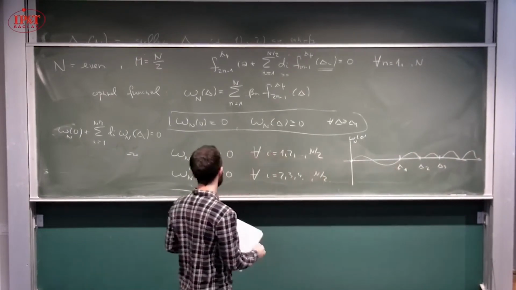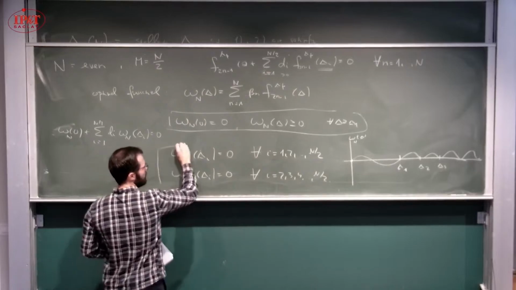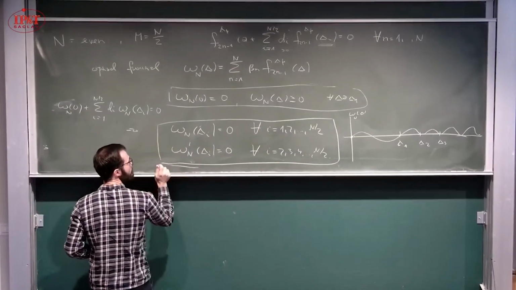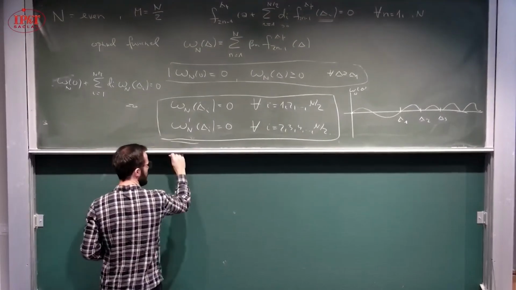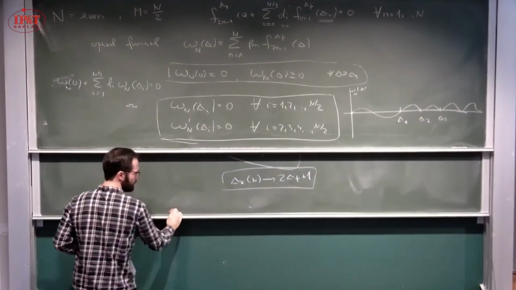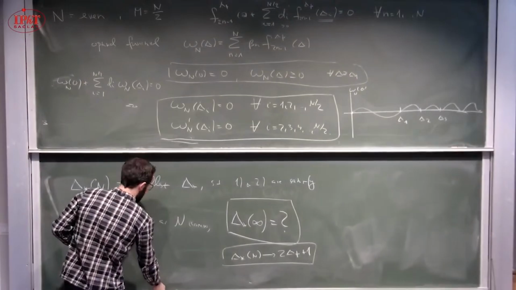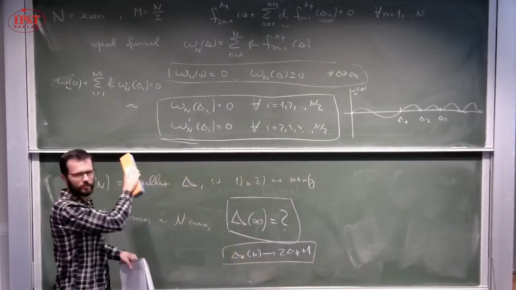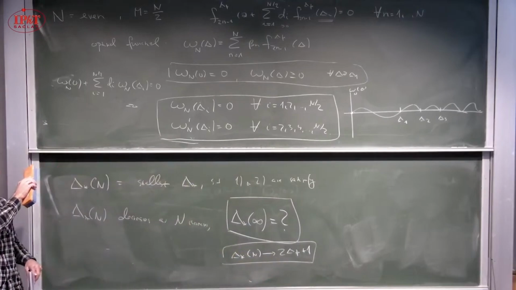No matter what this function is, it needs to satisfy this for the optimal upper bound on delta 1 at a given time. Now, this is kind of a crucial point.